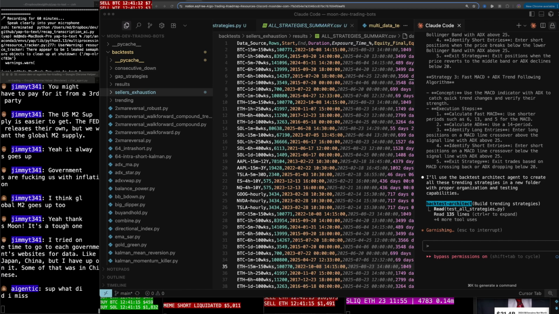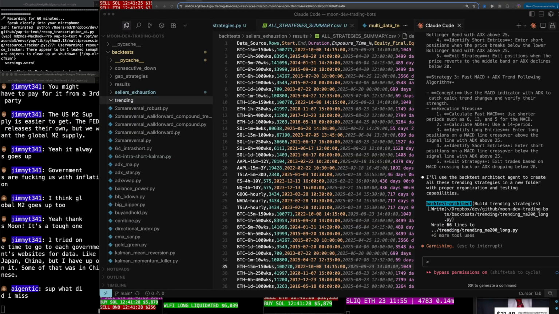I'll use the backtest architect agent to create all these trending strategies in a new folder with proper organization and testing capabilities. Dude, this is the future.